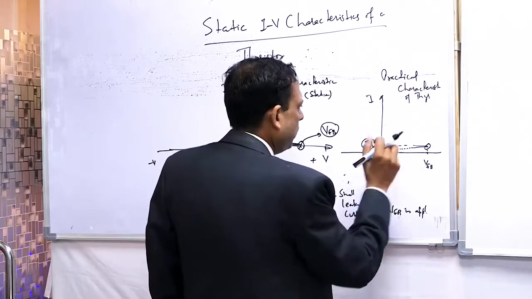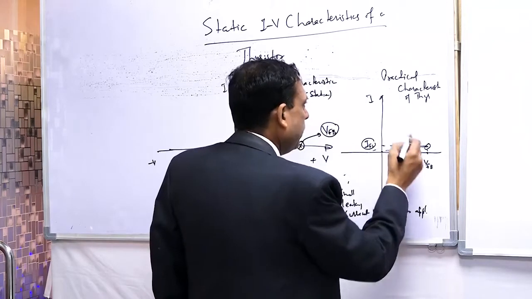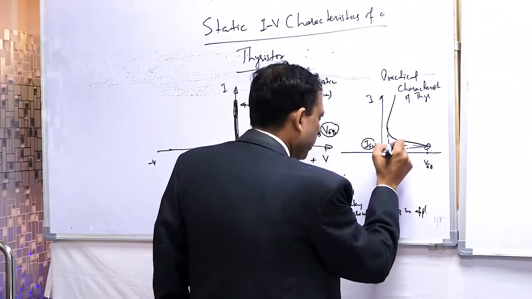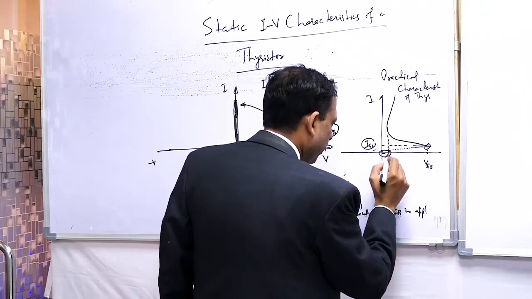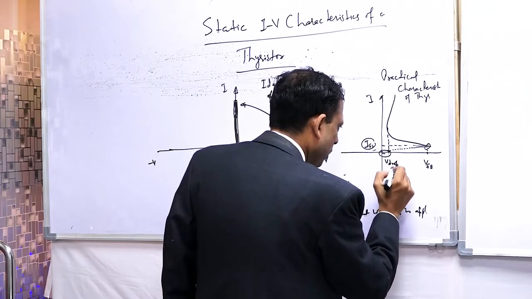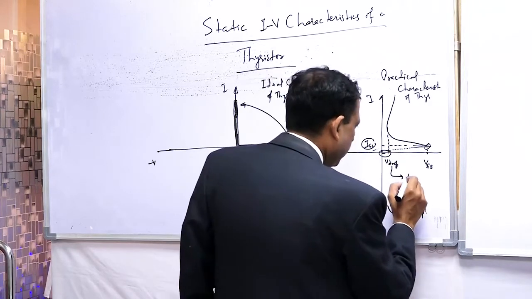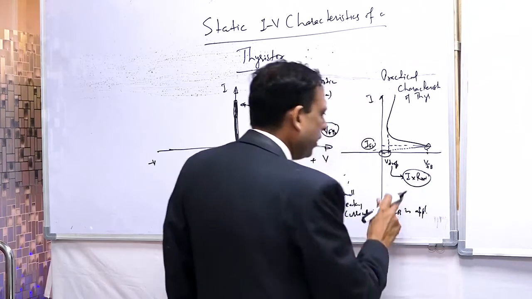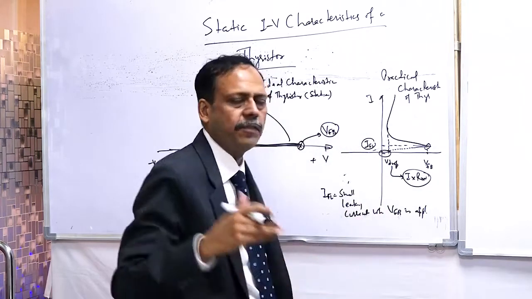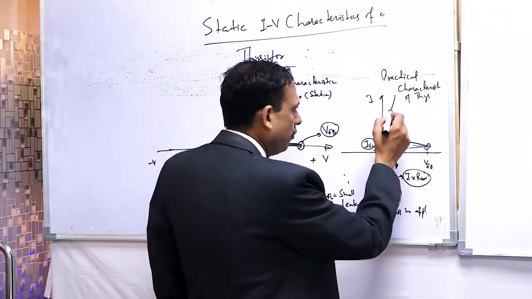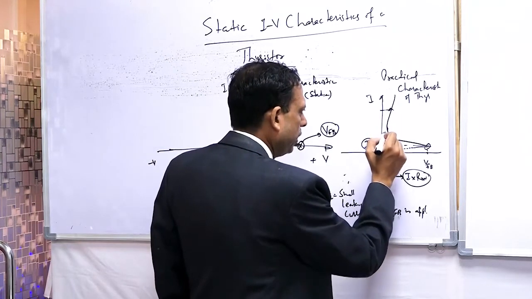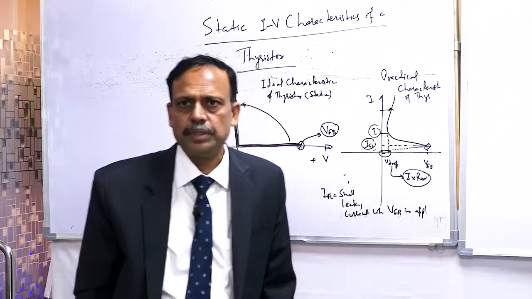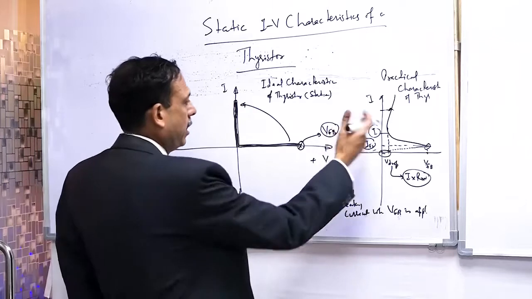But practically, whenever the current is there, some voltage drop will take place, V drop, and V drop is nothing but current into R on. When it is conducting, the semiconducting device has some resistance, so the current flowing at this point times the resistance gives the drop. In the practical circuit it will be like that.